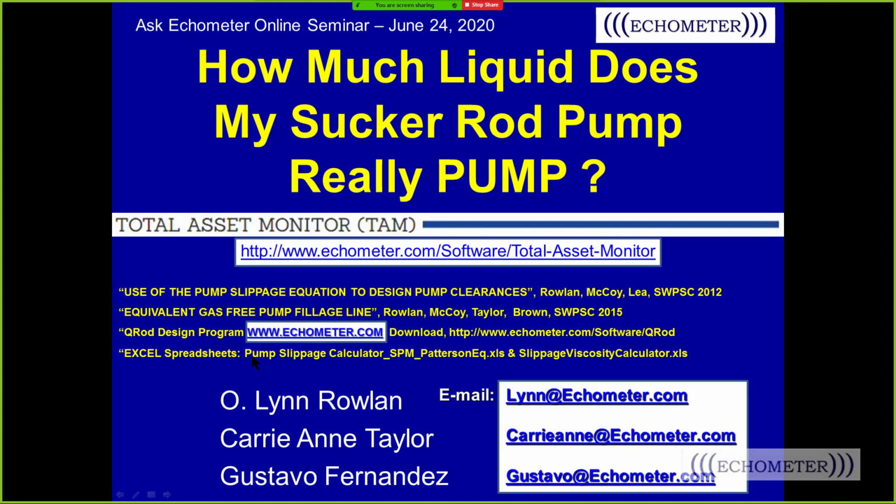One spreadsheet is a slippage calculator using the slippage equation, and it's called the Patterson slippage equation. And then we will also have an Excel spreadsheet called the slippage viscosity calculator, because the viscosity of the fluids between the plunger and the barrel also are important. So anyway, this is our talk on this.